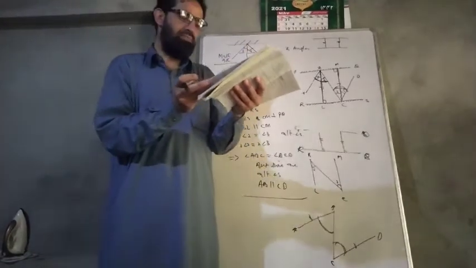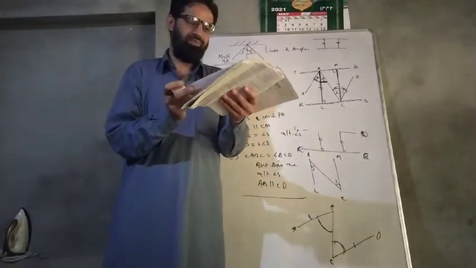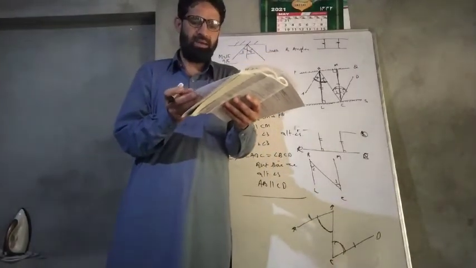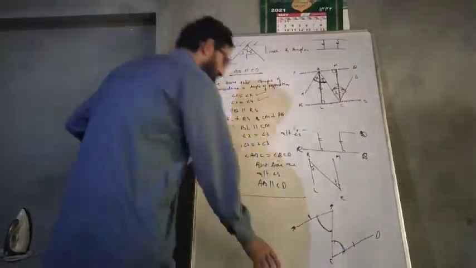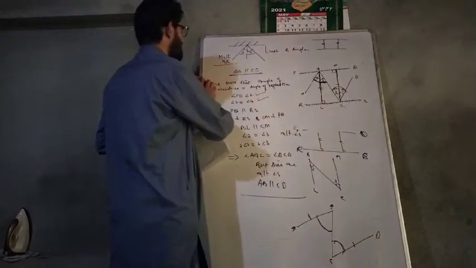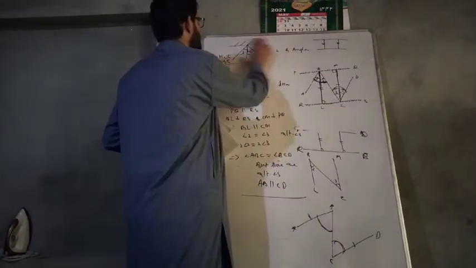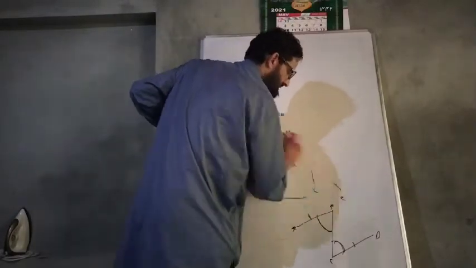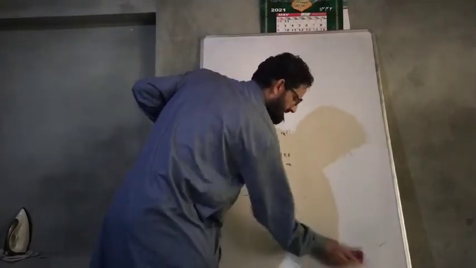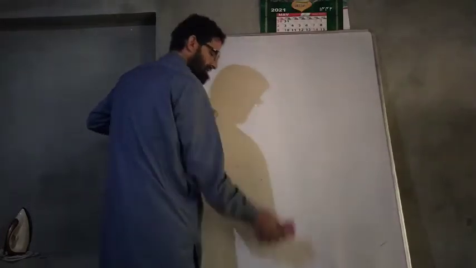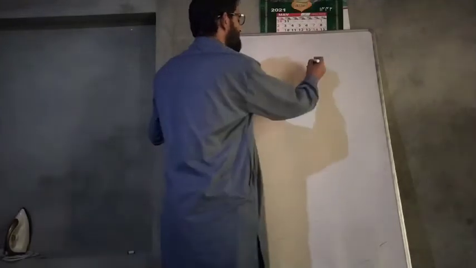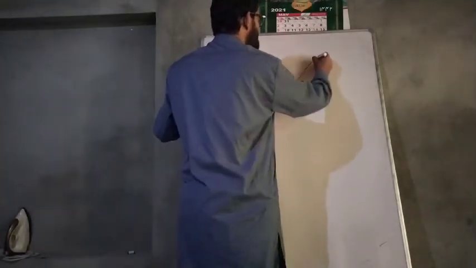Now a very important question is here, a theorem. Prove that the sum of angles of a triangle is equal to 180. So, very important question. Let us prove this. Angle sum property: the sum of angles of a triangle is equal to 180 degrees. Suppose this is a triangle. What is a triangle?